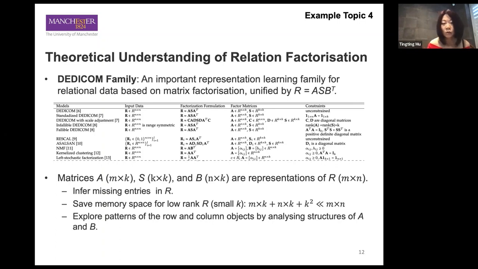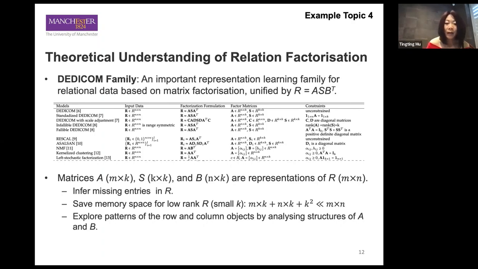So you don't need to store the data by storing every entry. You only store the information using A S B, and when you have a small k, the memory space consumed will be much reduced.